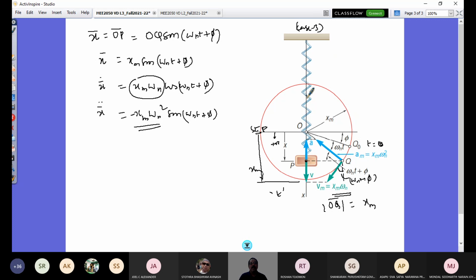So if you have understood this, so here this velocity Vm given here is, what is this? This is xm omega n, and acceleration is given by xm omega n square, the magnitude. Vm is in this direction, downward direction.